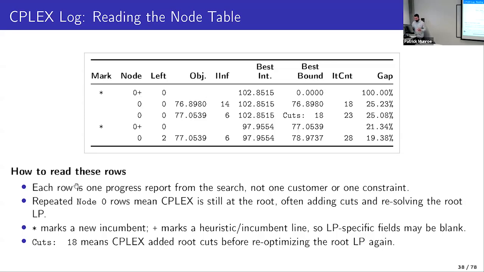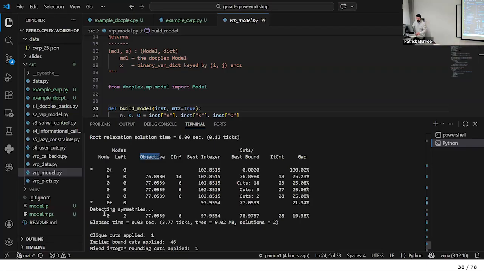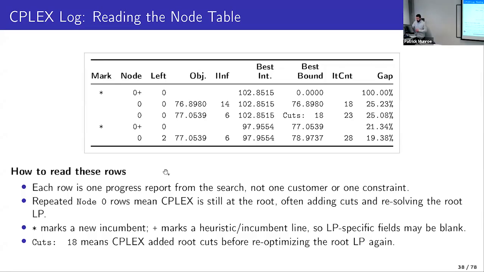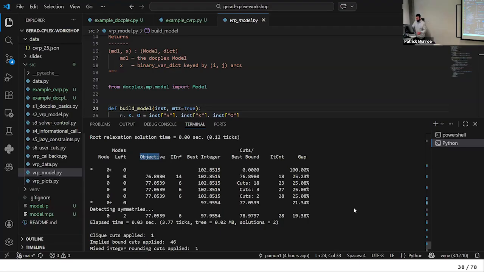When you see node 0 here, it means that you're still at the root node. So that's what happened here. We're at the root all the time, so we didn't really branch. What CPLEX often does at that time is add some cuts, some cutting planes, for example.